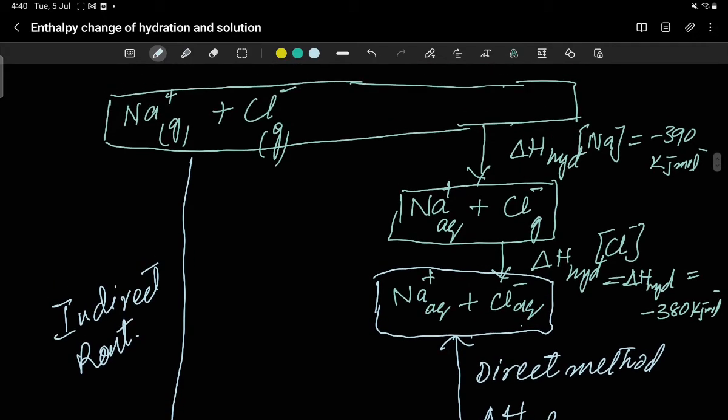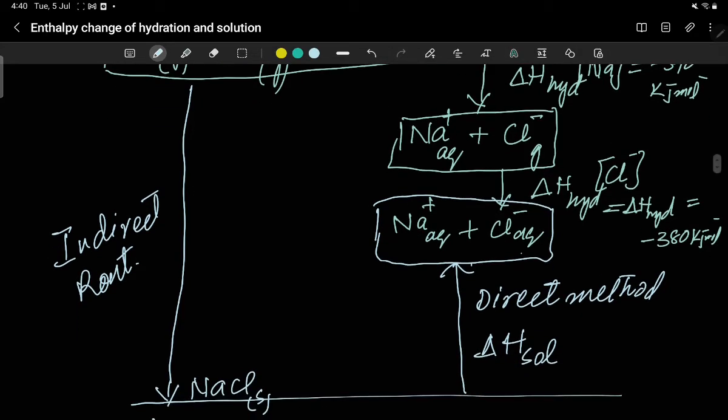This is equal to lattice energy, and this is equal to delta H solution, the enthalpy change of solution. This is equal to delta H lattice energy, which is negative, and delta H solution is positive in this case.